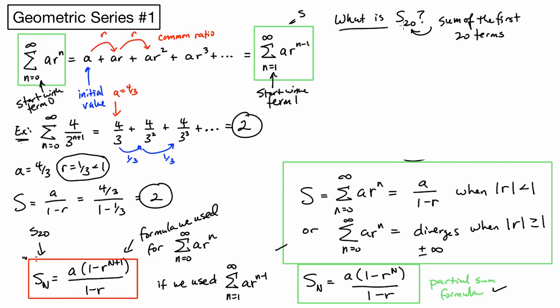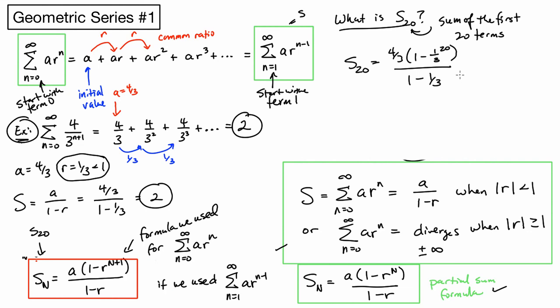So the upshot of all of this is I want to find S20. S20 would be, once again, I'm talking about this particular example. So S20 would be, I'm using this formula, A was 4/3, so it would be 4/3, 1 minus r, which is 1/3, raised to the n, well, n is 20, since it's the 20th term sum, divided by 1 minus r, 1 minus 1/3.